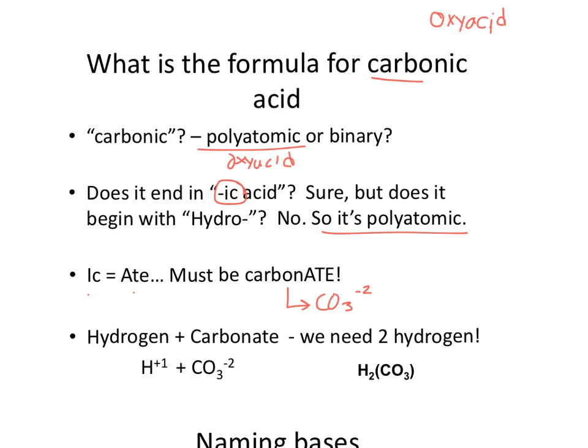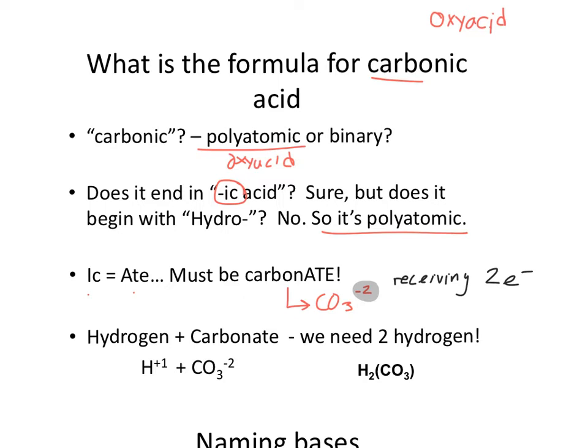And then we kind of have to balance it out. If you recall, I told you that compounds want to be equally satisfied. So right now, this 2- is saying that it will be receiving 2 electrons from something. Well, where are these electrons coming from?